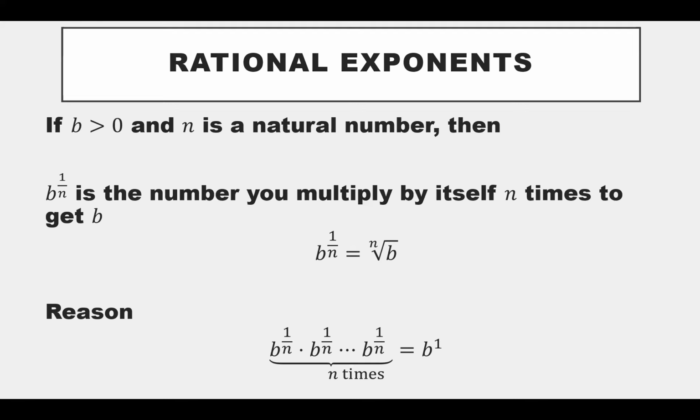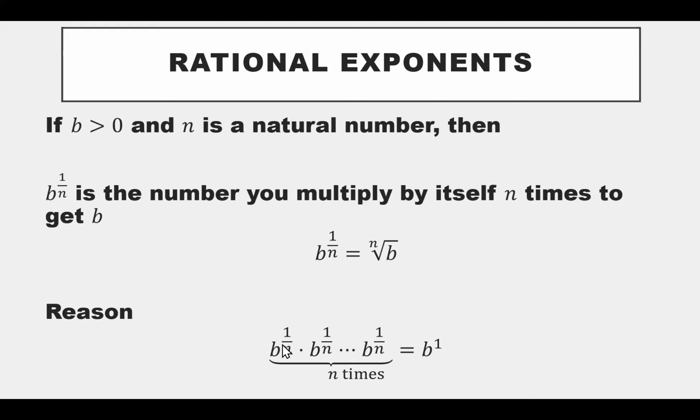Now we're going to deal a little bit with rational exponents. If we have a positive base and n being a natural number, then b to the 1 over nth power has to be the number that when you multiply it times itself n times, you get b.